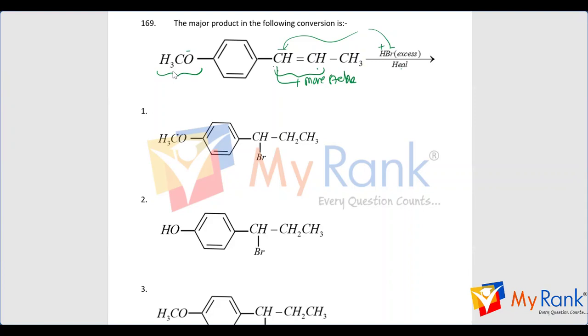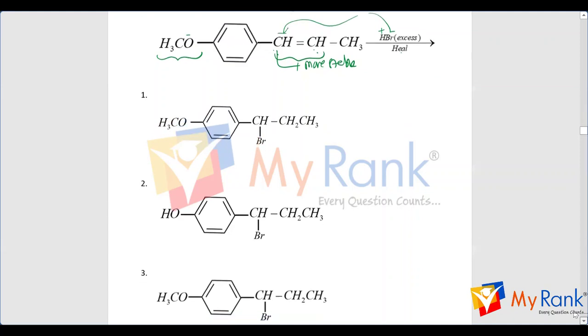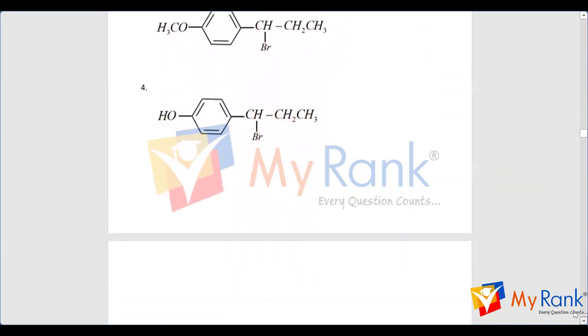So when Br minus attacks on this carbon, H plus will attack on this. And the next one is, if you take one more mole here, see, this is OCH3, and the next one is CH double bond CH and CH3.